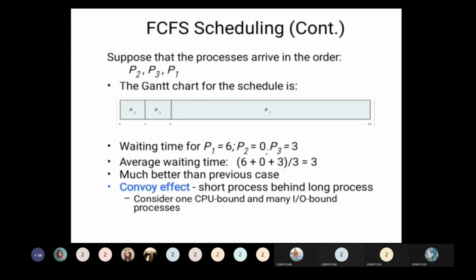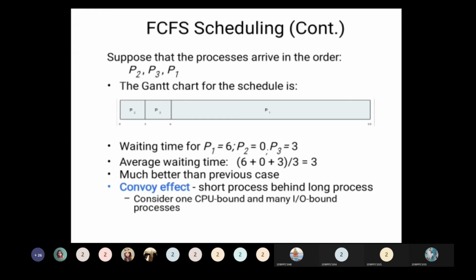So from this, what we are learning is an effect called convoy effect. The meaning is short process behind the long process. If you are following the arrival order in the first case, even though P2 and P3 request shorter burst time than P1, they are spending more waiting time than the time needed for the CPU.